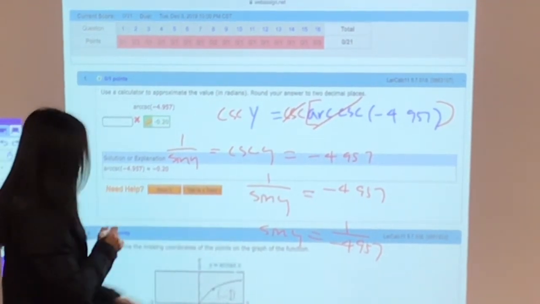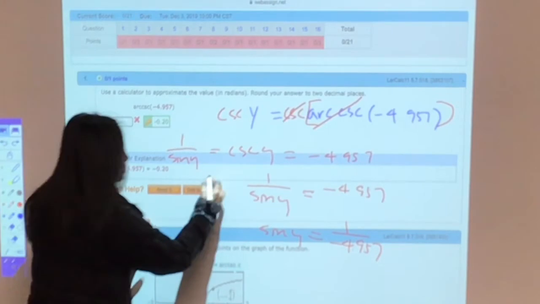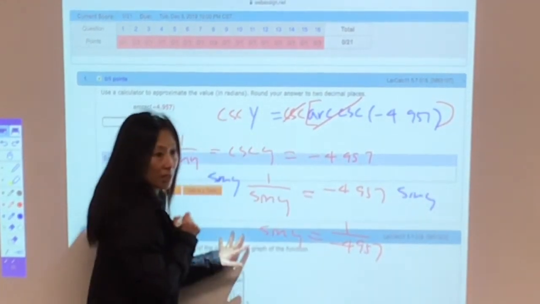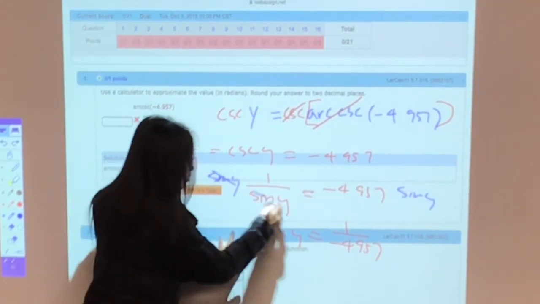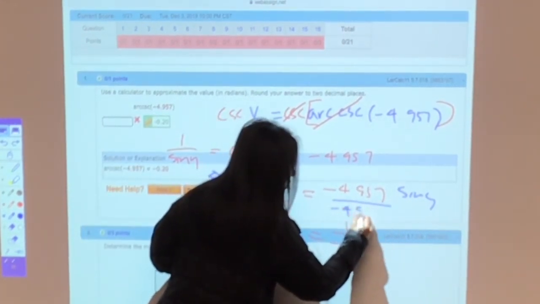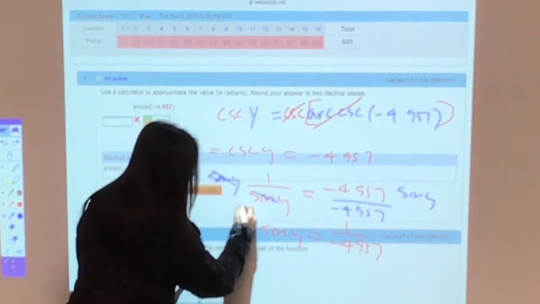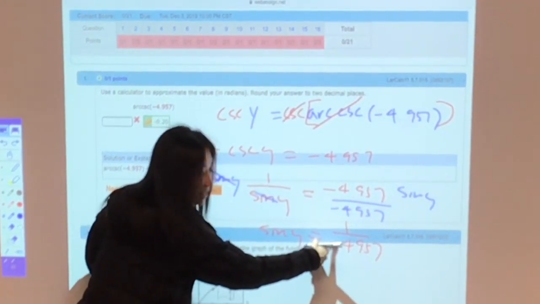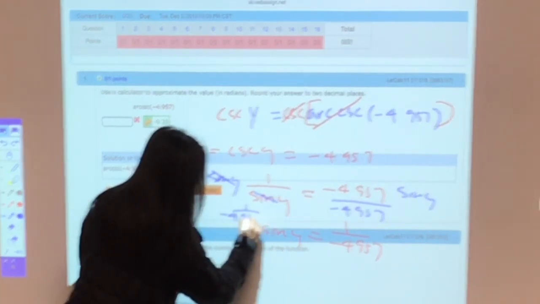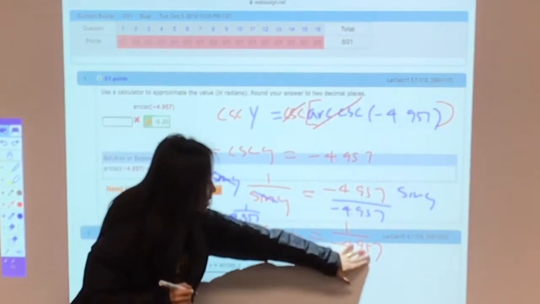The step that I skip is this. Then I cancel this one out, and I just divide by the same thing. That's why you have sine y equal to this.